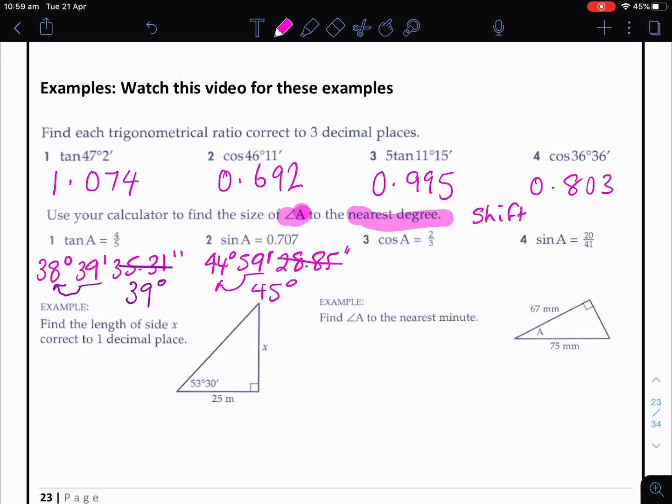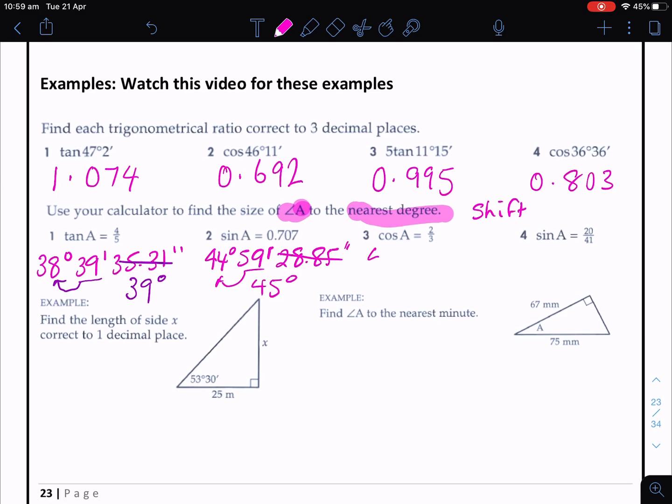All right, number 3, cos A. So we're going to go inverse cos, so shift cos 2 fraction 3 equals, and then press your degrees, minutes, seconds. So it will come out at 48 degrees, 11 minutes, and we won't worry about the seconds because we know we don't need them anymore. Now the minutes is under 30, so we don't round it, we just get rid of that, and your answer will be 48 degrees.